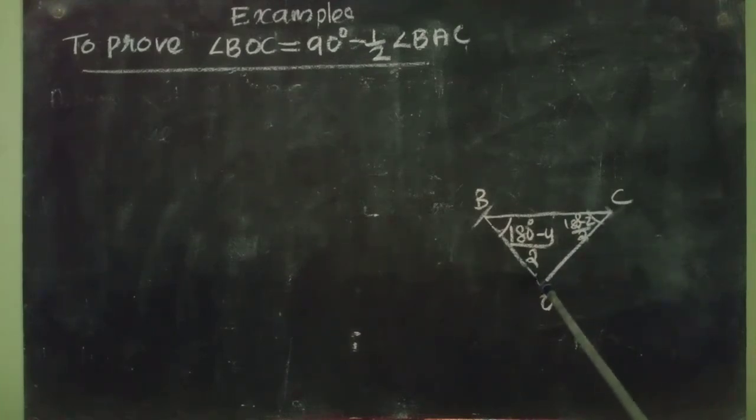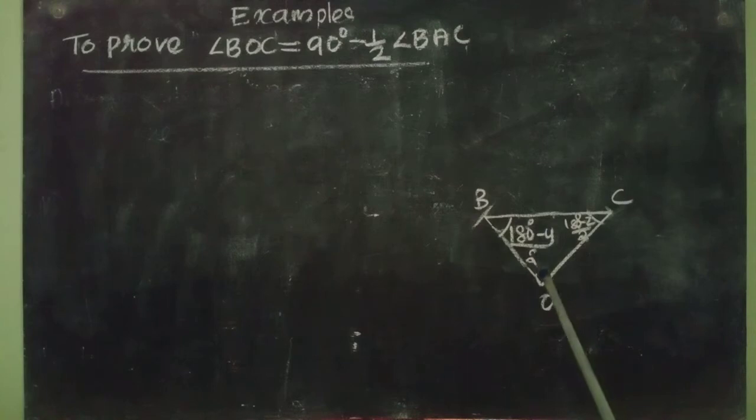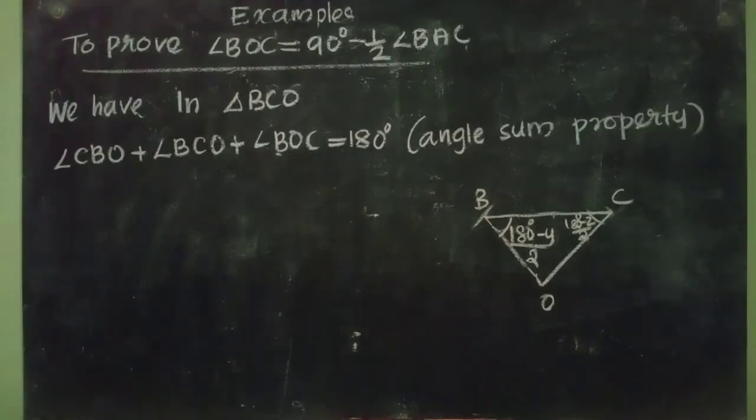This one we need to find out. So let us give the angle sum property here. We know the sum of three angles equal to 180 degree.